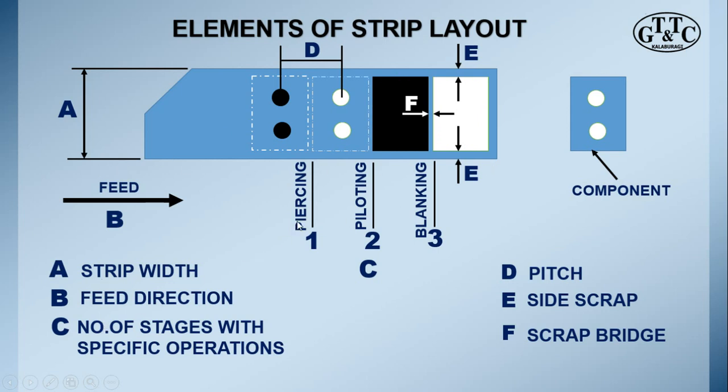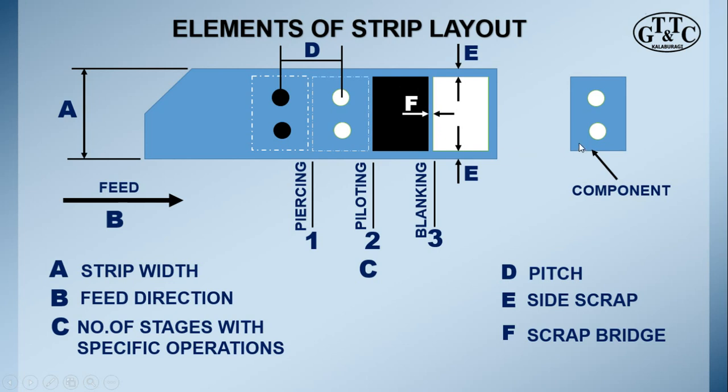And then in C it has been shown that there are a number of stages with specific operations. Here we see the first stage, second stage, third stage. So it is a three-stage strip layout design, and in the first stage piercing is done, in the second stage piloting is done, and in the third stage complete blanking is done.